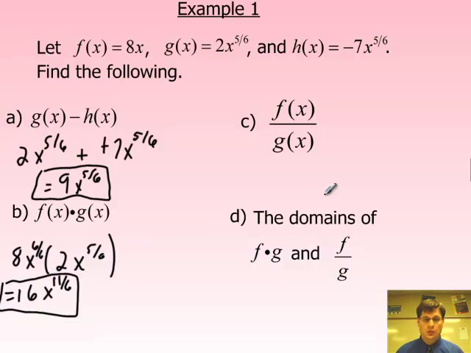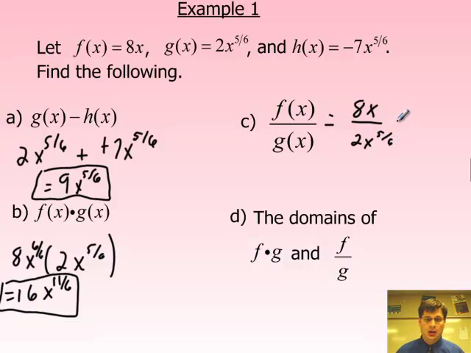Okay, so with division, I'm going to write this one out. So I have f of x divided by g of x. So f of x being 8x divided by g of x, which is 2x to the 5/6 power.